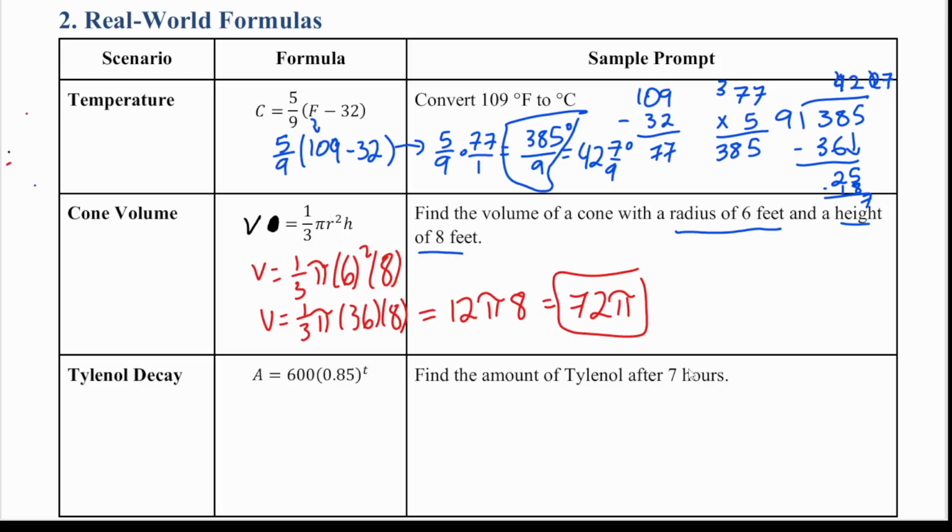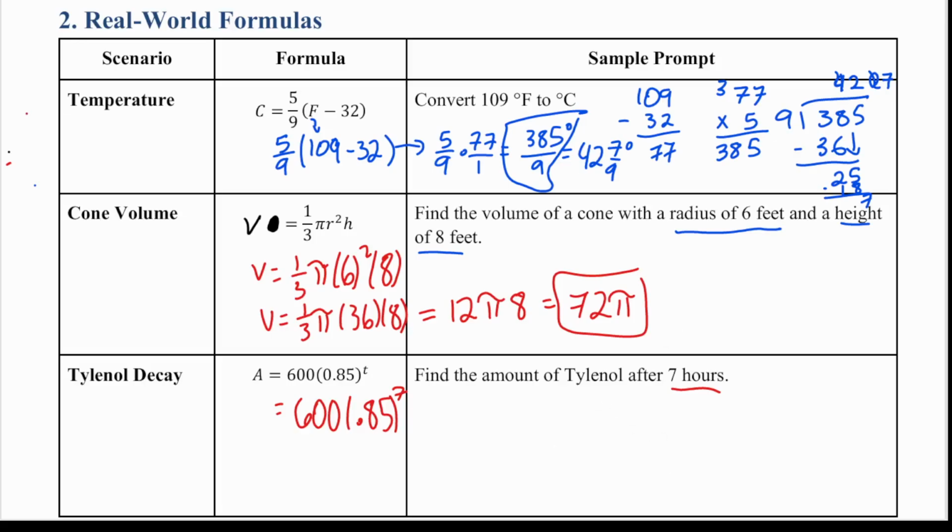And again, you can also replace values that are inside that exponent. So for example, for this Tylenol decay problem, this is what's given as the formula for how much Tylenol is in your system after a certain amount of hours. So then you'd end up with 600 times 0.85, in this case after 7 hours, to the 7th power.